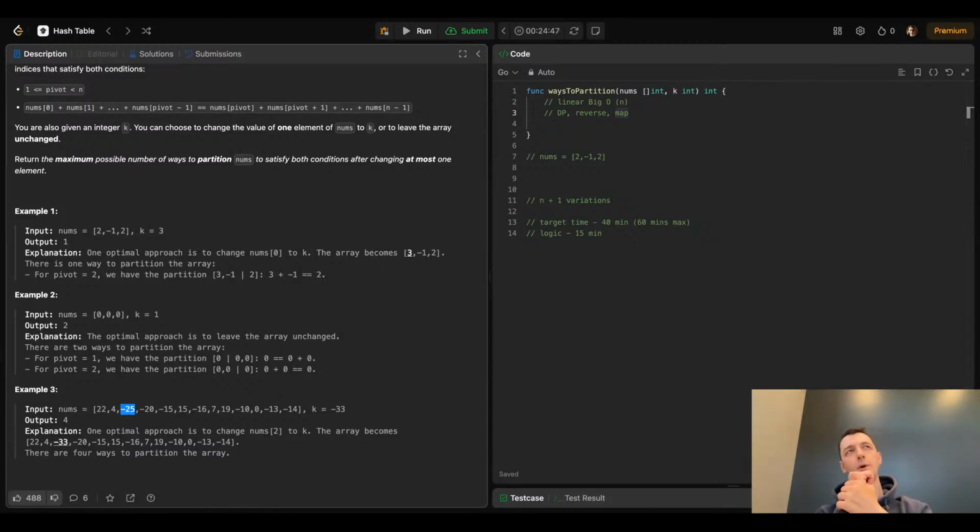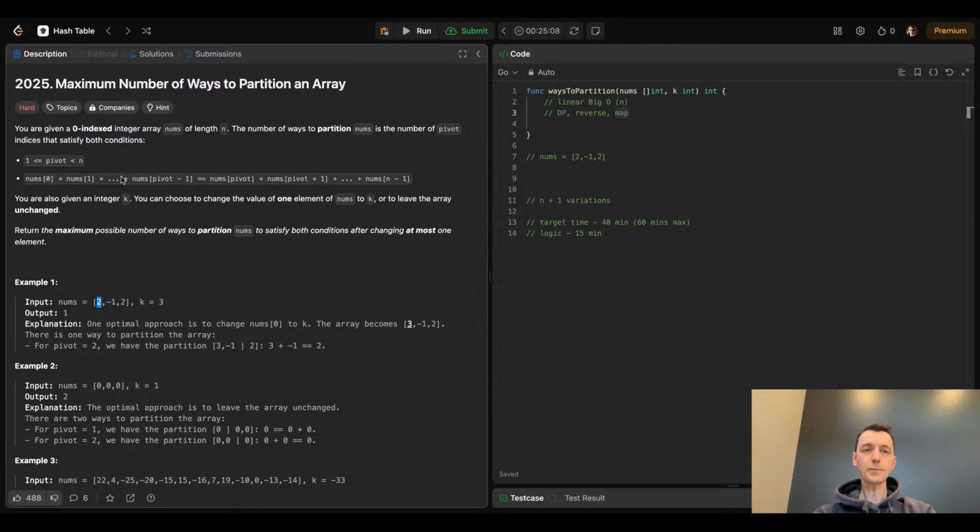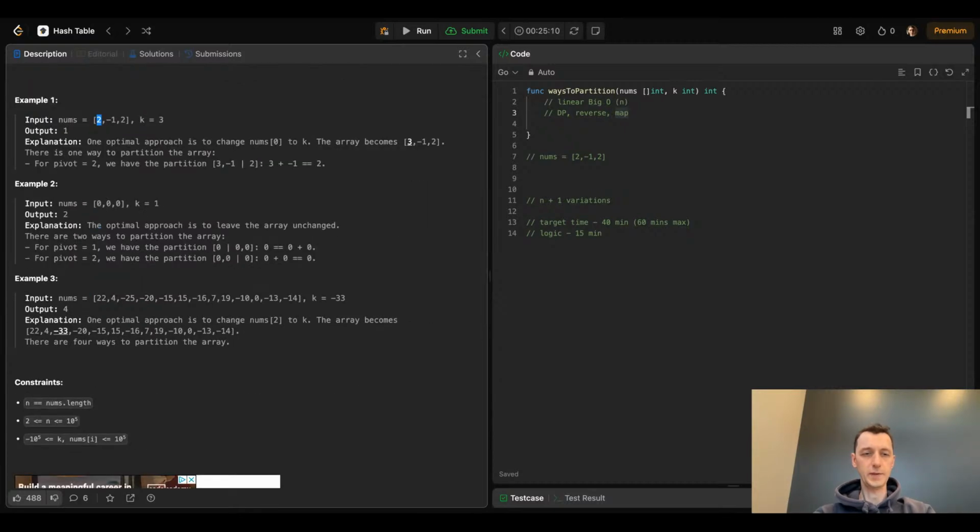Yeah, if we could know immediately, by changing 2 to 3, how many more ways it gives, how that changes the number of ways.